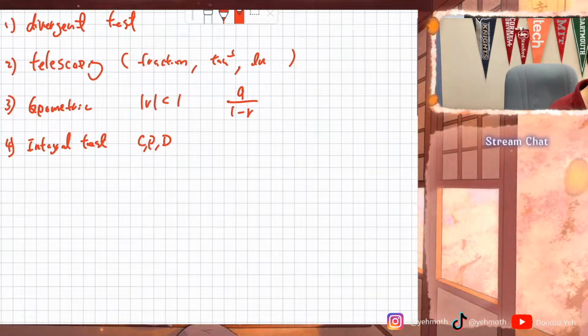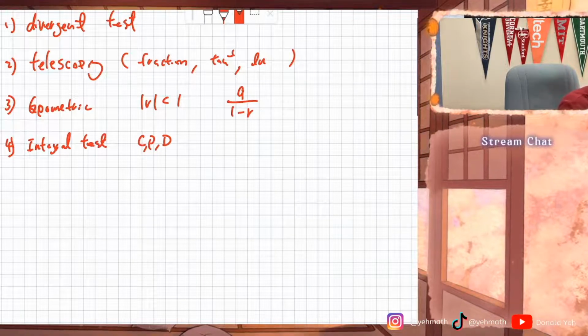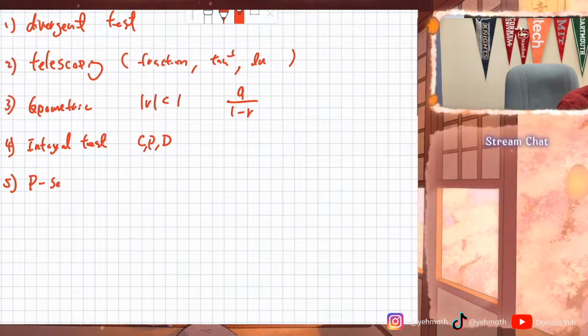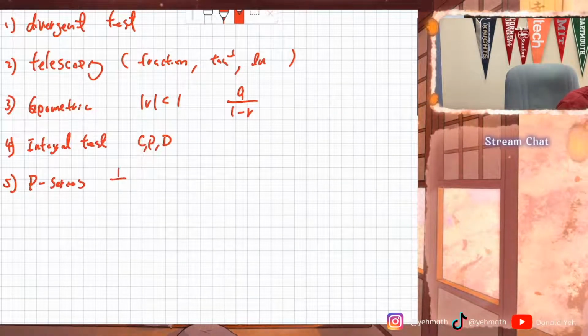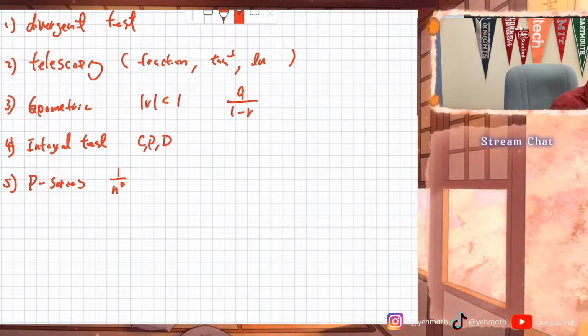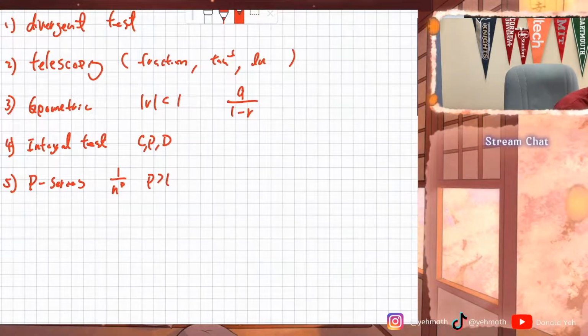I thought there was one more. Limit test? Don't we do limit before integral? There was some easy one. It's called the P series, 1 over n to the P. They teach you at the same time. If P is greater than 1, then they converge.